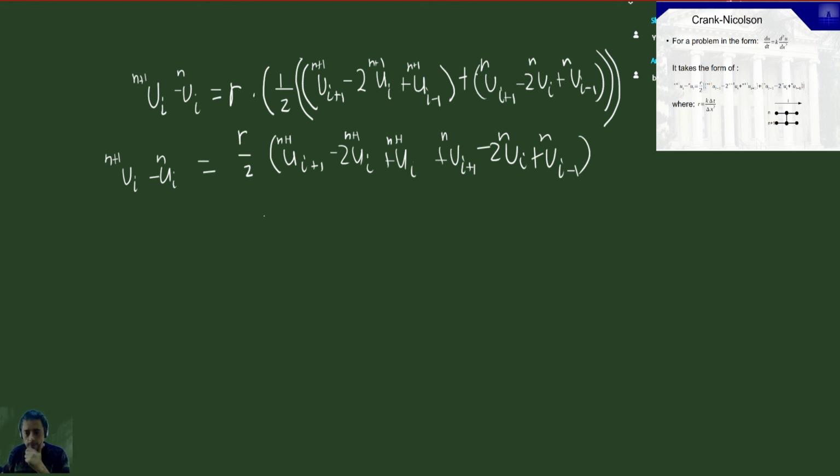So if I say that rho equals r over 2, then I keep all the time unknowns on the left side and time knowns on the right side. So I'll distribute this. So n+1 will be there, rho times u_(i-1), so it becomes minus rho u_i, minus 1, to the power n+1.